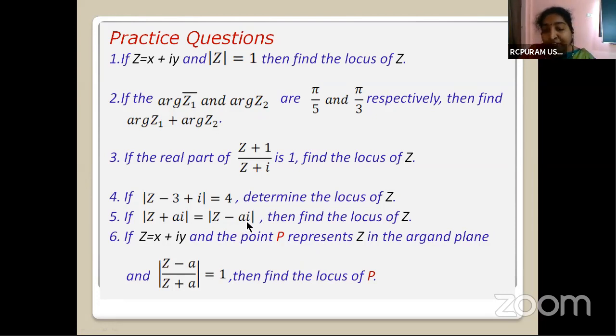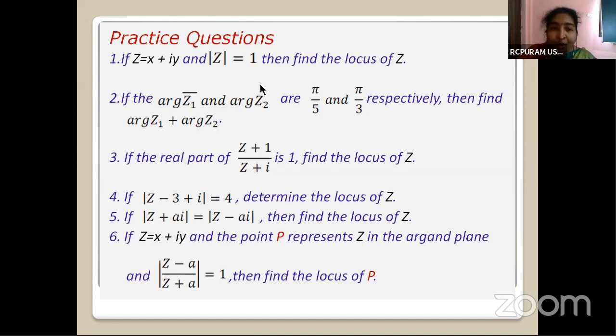But be careful, children, whenever you are solving any problem, before applying any condition, just see whether you have any i term in the denominator. If you have any i term in the denominator, first you need to multiply and divide that with its conjugate and reduce the problem into a plus ib form before you proceed further.